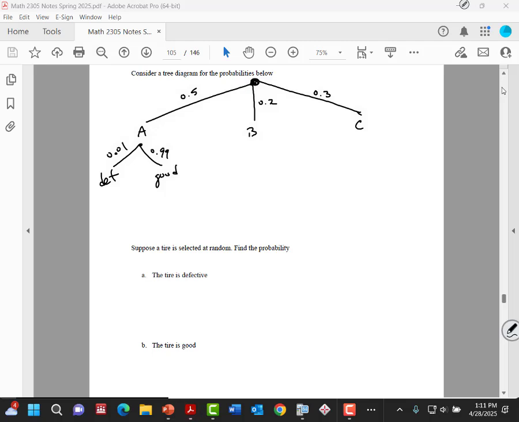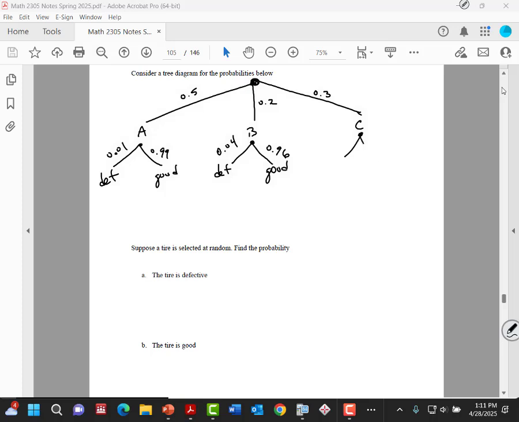Now, if I do the same thing for the other 2 companies, for company B, some of them are defective, some of them are good. Well, for company B, 0.04 are defective, which means 0.96 of them are good.